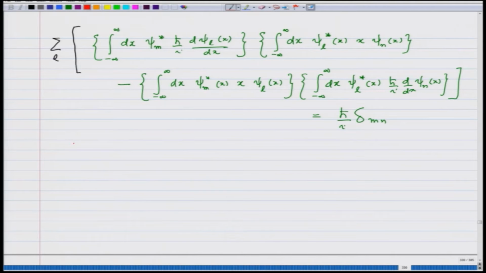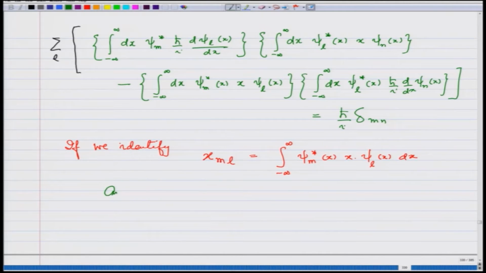Now, let me assert, if we identify x m L as integration psi m star x x psi L x dx, and P m L as minus infinity to infinity psi m star x h cross over i d by dx of psi L x dx.